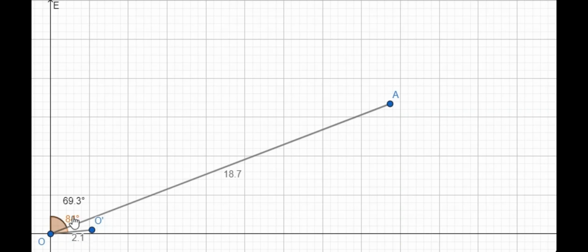Next we will draw ISN, 186.75 divided by 10 gives 18.67 centimeter at an angle of 69.30. Here we have drawn OA, that is ISN, 18.7 centimeter at an angle of 69.3 from the y axis. Now we have to draw O dash A by a dotted line.